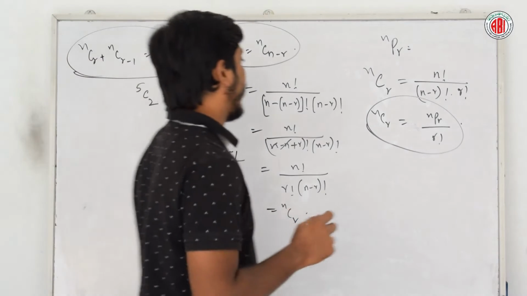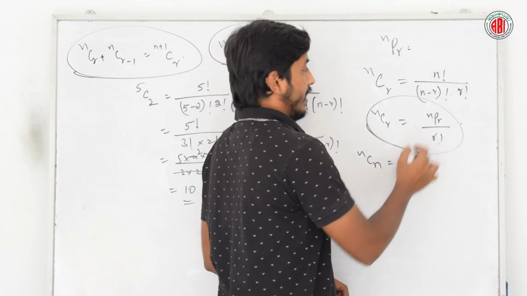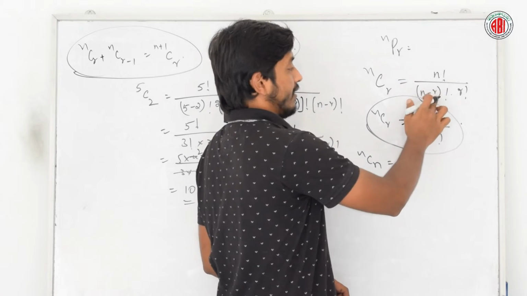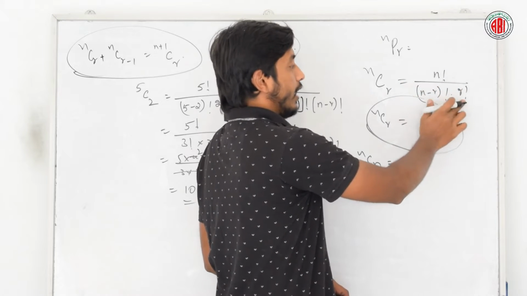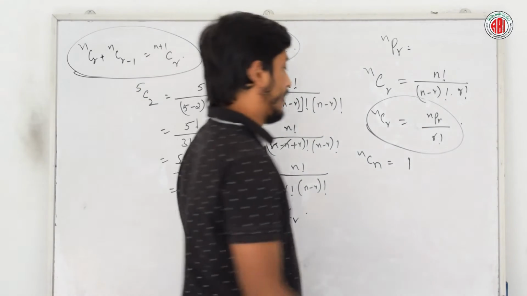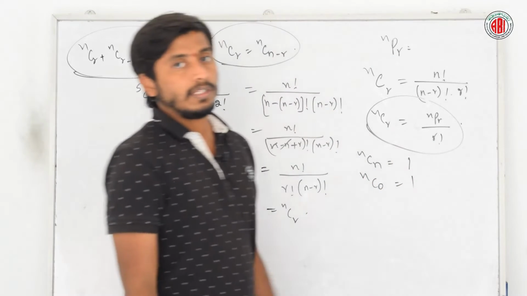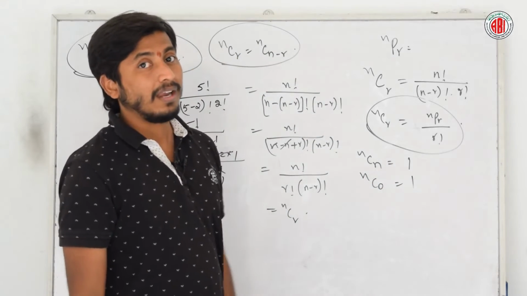And one more thing we can tell is nCn. Obviously it is n factorial by (n minus n) factorial, which is 0 factorial into n factorial, that will be 1. Okay, nC0 is again 1, right? What about nC1?